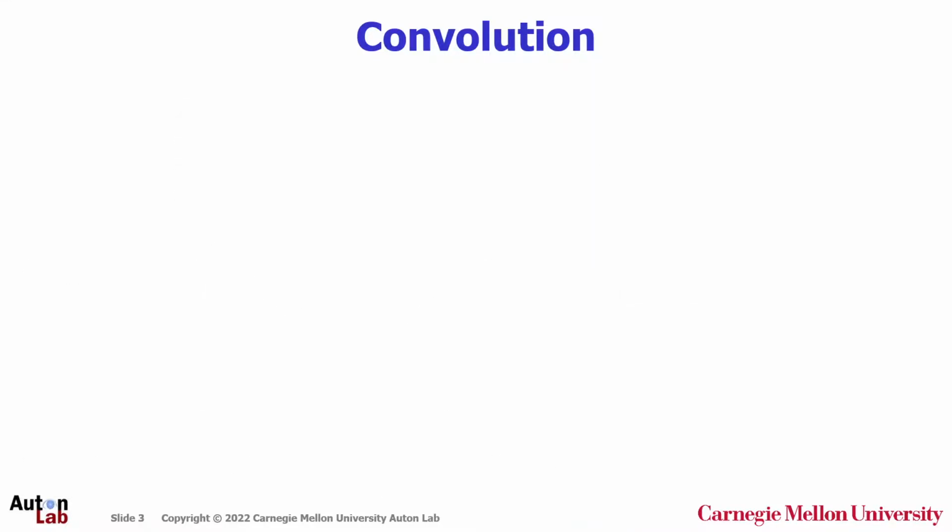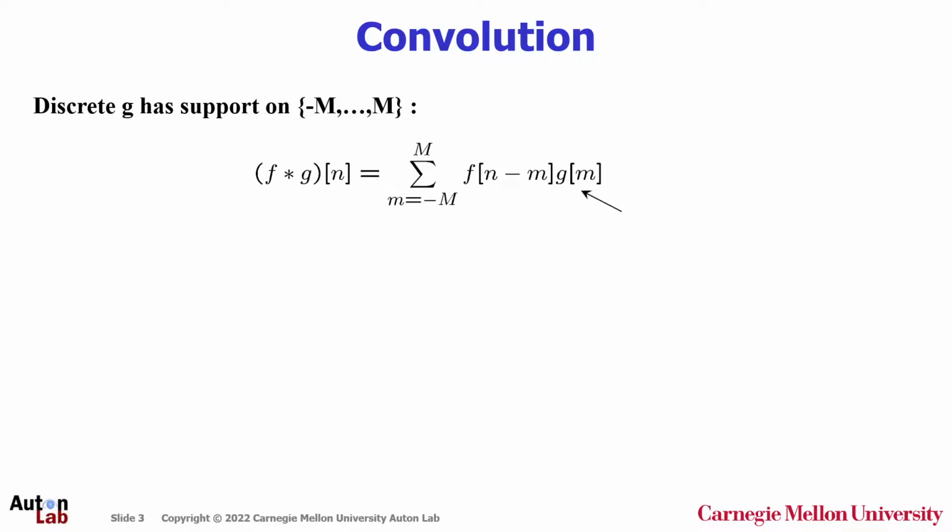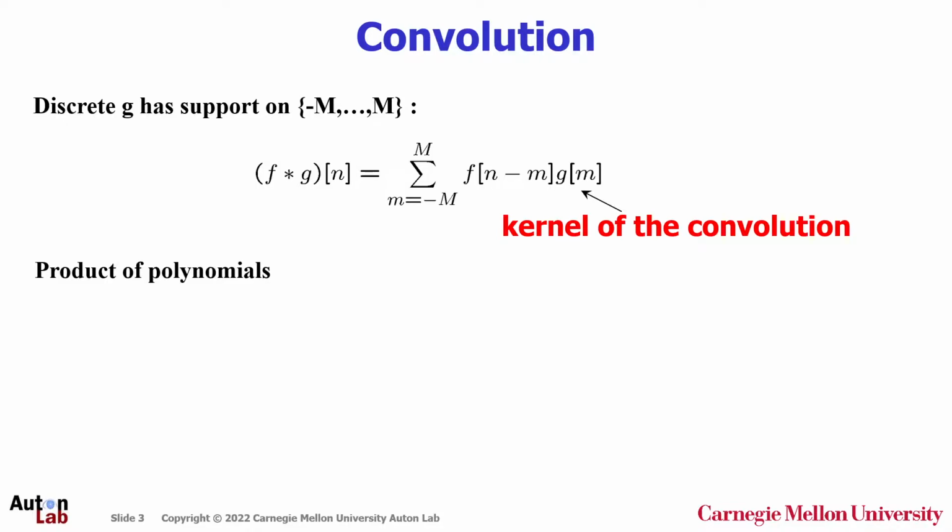When we convolve two functions, f and g, the function that has the smallest support is often called the kernel of the convolution. Convolutions might look quite abstract at first, but I'm sure you already use them in practice. For example, if you want to multiply two polynomials, then in practice you calculate a convolution between two vectors.